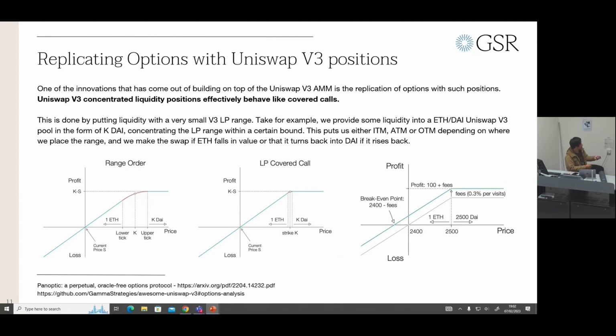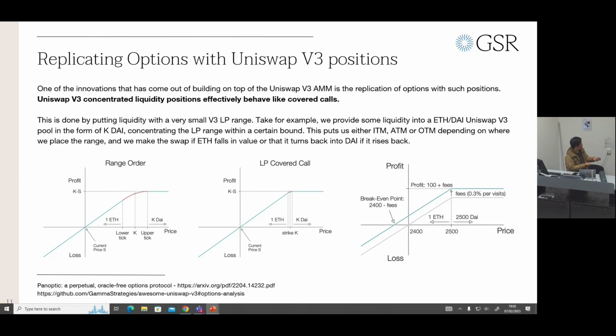Concentrating some liquidity in a specific price range is very similar to just a simple limit order on a traditional order book.